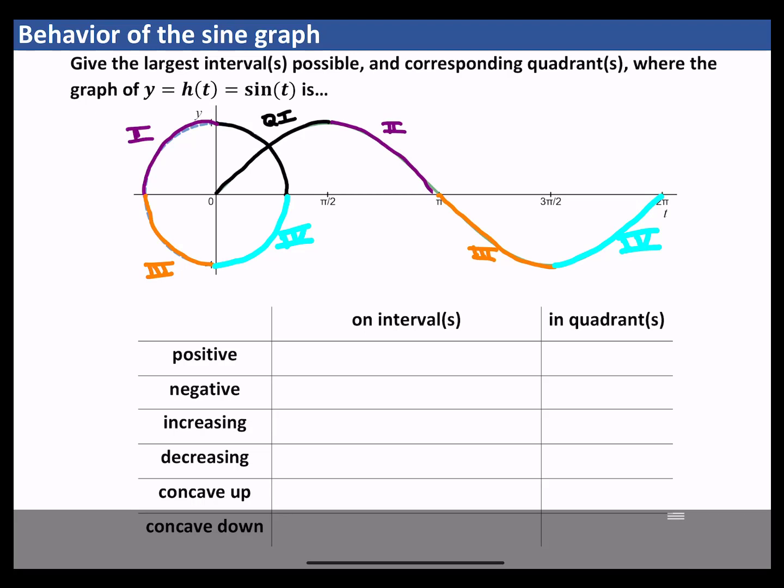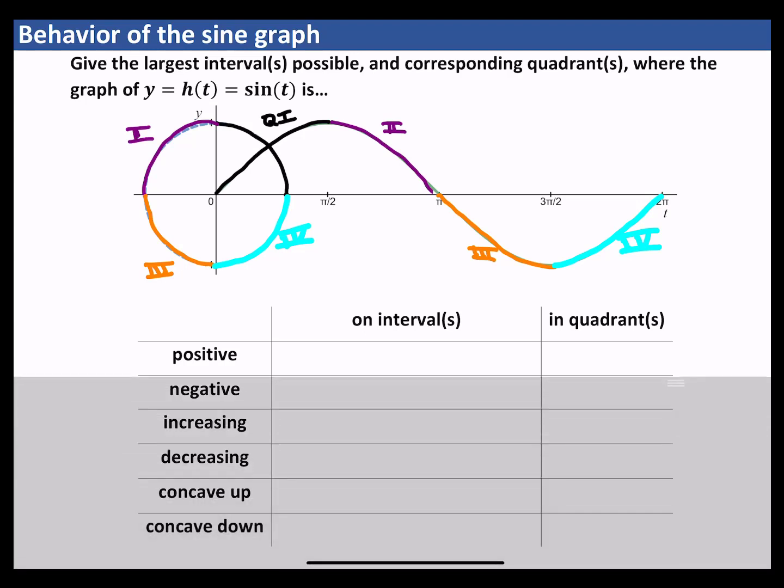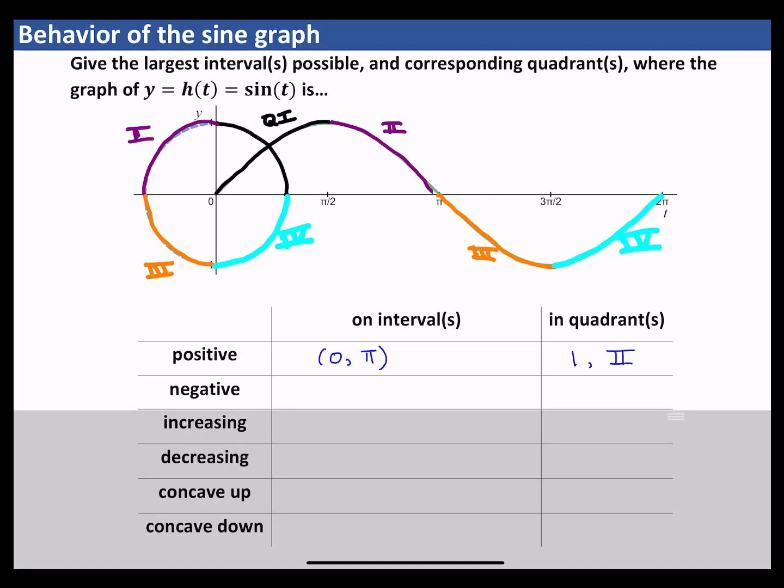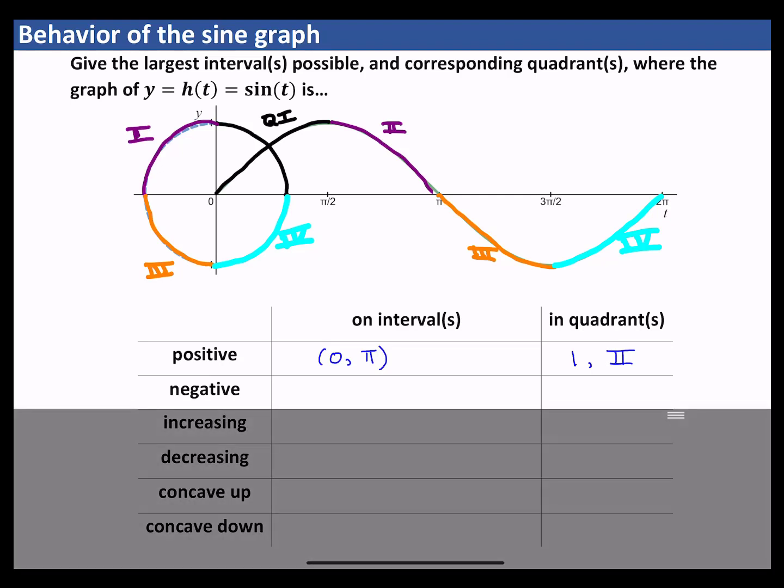Okay, so for the sine function to be positive means that the sine function is above the t-axis, and we see that that is true from 0 to pi, and we know that from 0 to pi is equivalent to quadrant 1 and quadrant 2. For the sine function to be negative would mean that the graph is below the t-axis.